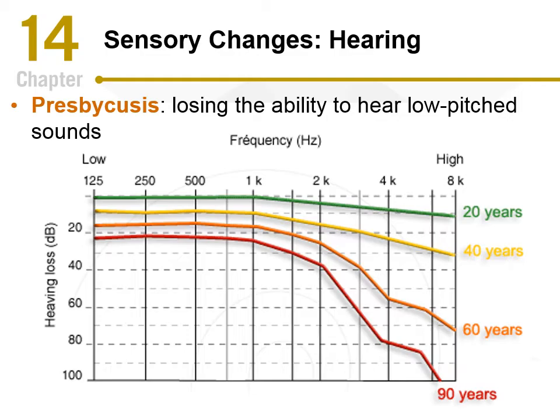Now, the loss of hearing is basically something that's going to happen to all of us. What I really love is this chart, because you can see that by the time you're 90 years old, you are losing a lot of high pitch hearing. What we mean by high pitched sound is basically the hertz. And even by 20 years of age, you can see that you've lost a little bit right here.